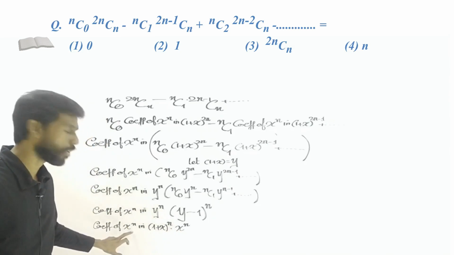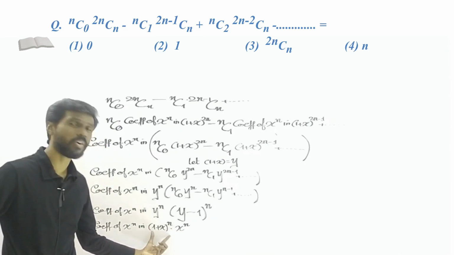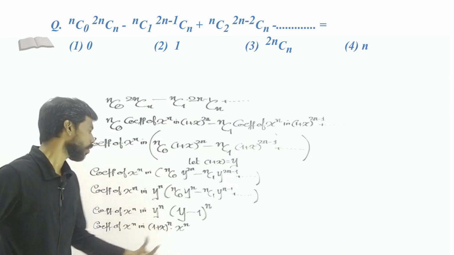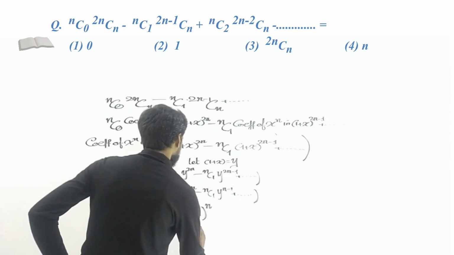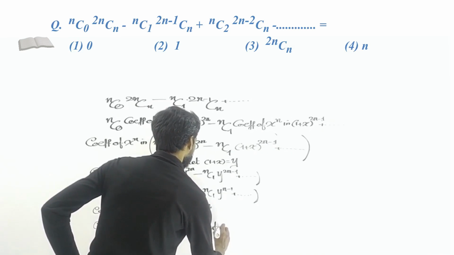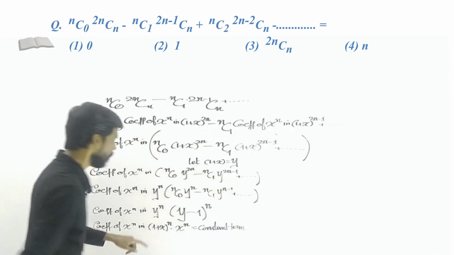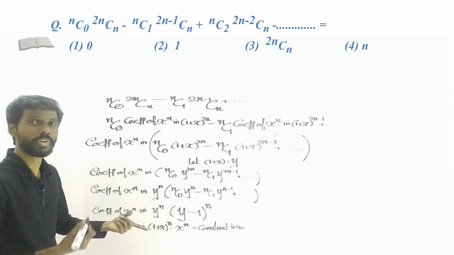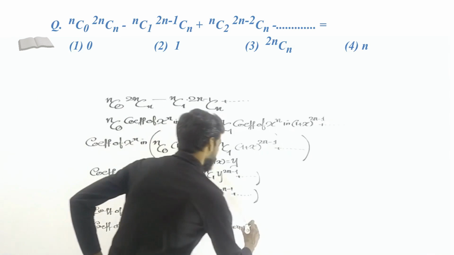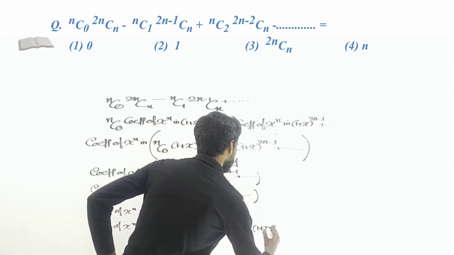So we only need the constant term from the other factor, because the constant multiplied by x to the power n gives the coefficient of x to the power n.